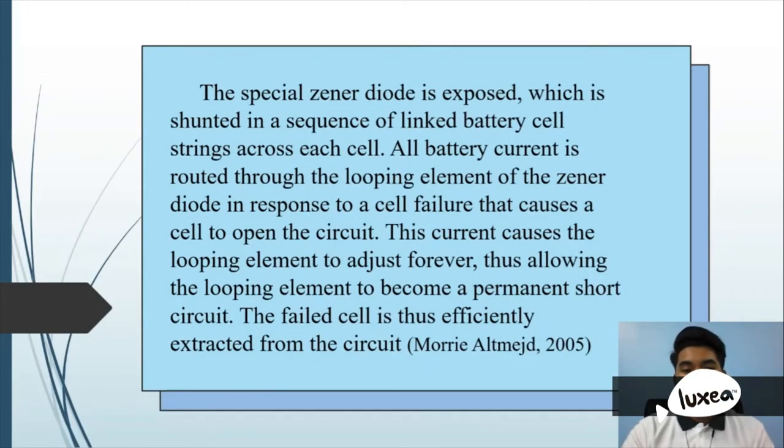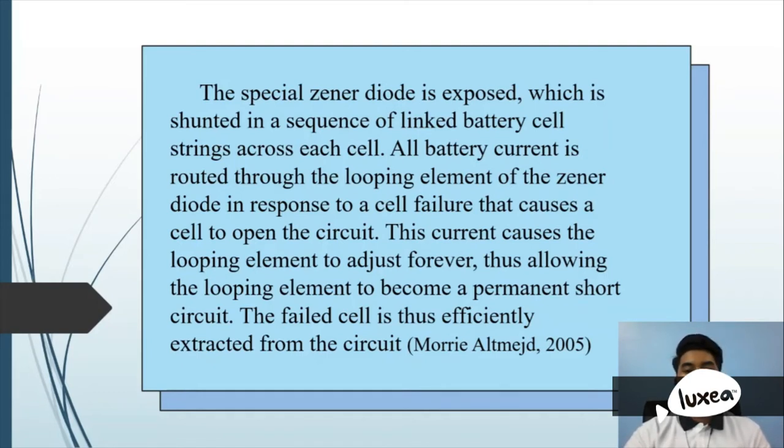The last statement, or the third statement: the special Zener diode is exposed across each cell in a sequence of linked battery cells in a string. All battery current is routed through the looping element of the Zener diode in response to a cell failure that causes a cell to open the circuit.